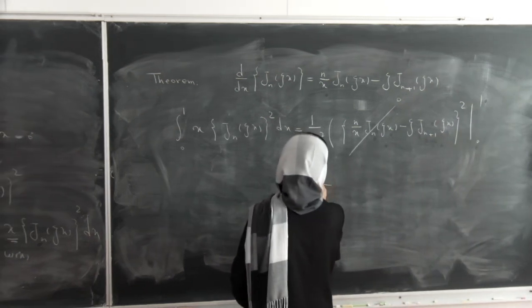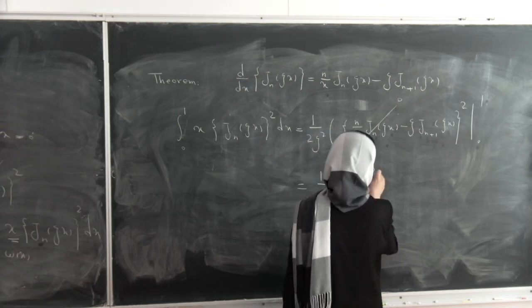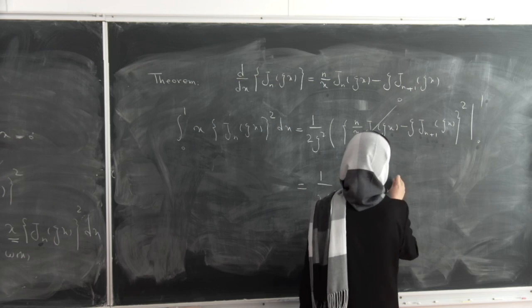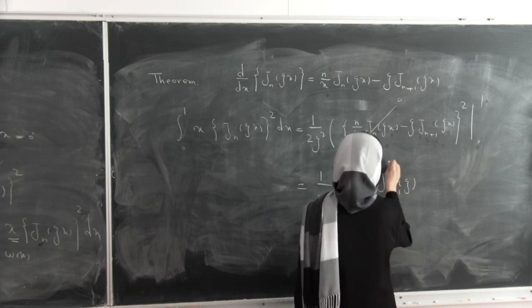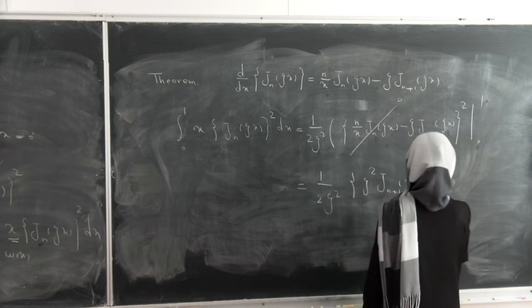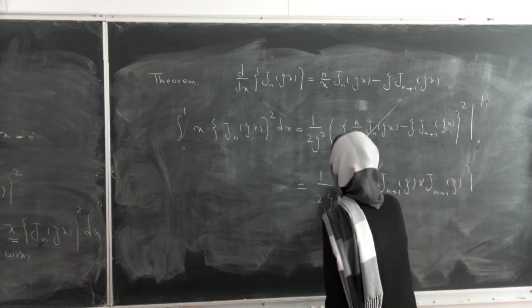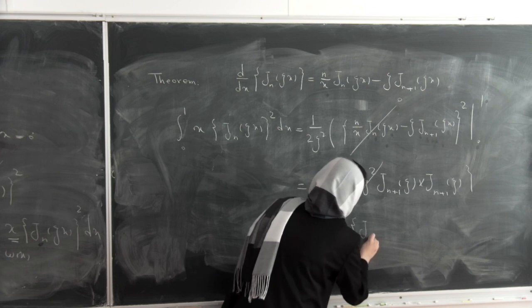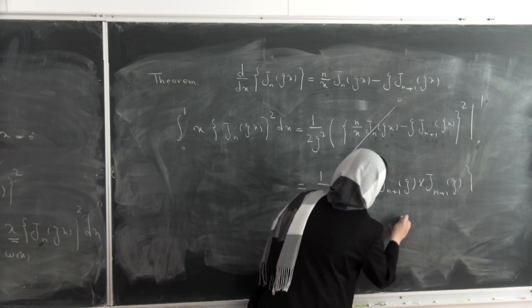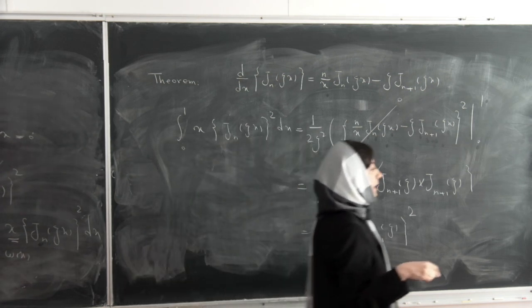So we can write xi squared Jn plus 1 of xi times Jn plus 1 of xi. We can omit this and we have Jn plus 1 of xi squared. The proof of the theorem is complex.